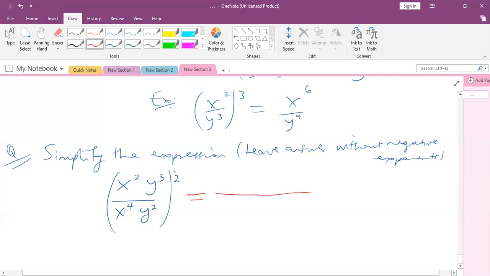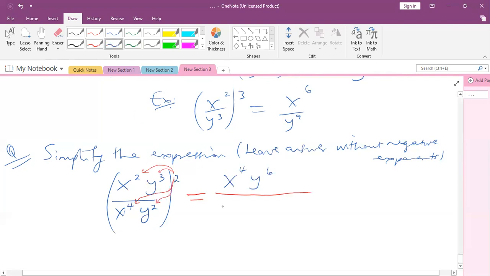This times that, and then this times this. So I'll have x raised to the power 4, y raised to the power 6. Now this exponent also affects every exponent here, so you have to multiply this by that exponent and by this exponent. It affects all the exponents within the parentheses.